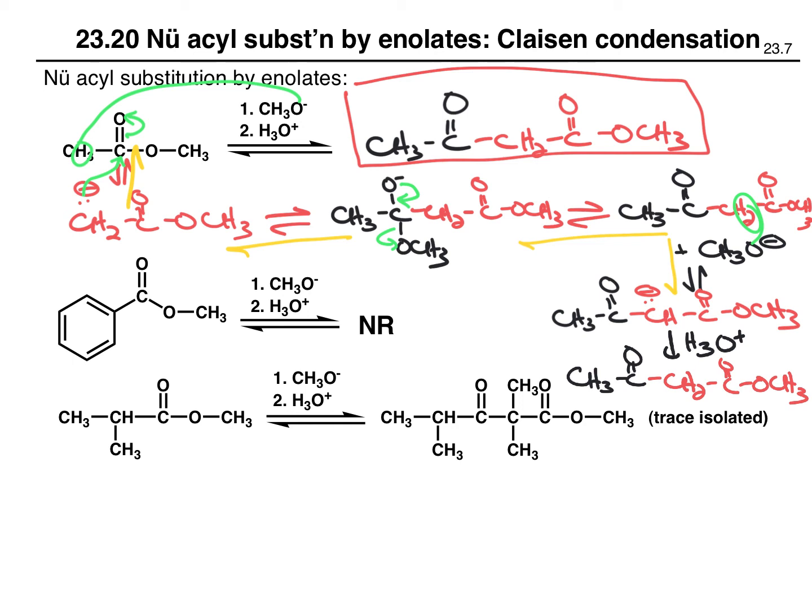Let's take a look at a couple of other examples. If we use methyl benzoate and we treat this with methoxide followed by H3O+, we get no reaction. That's because at the alpha position there are no hydrogens, so we cannot form an enolate. Now if we look at this third example, we have an alpha hydrogen, so methoxide can grab this off.